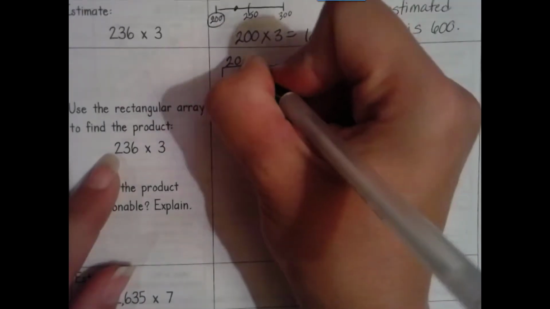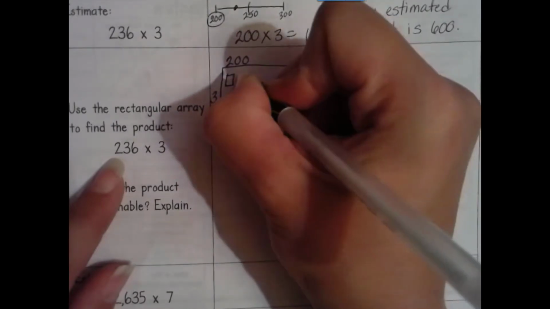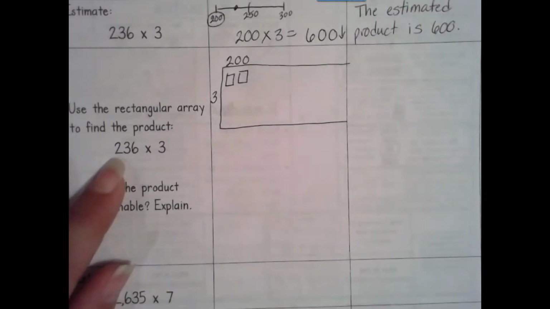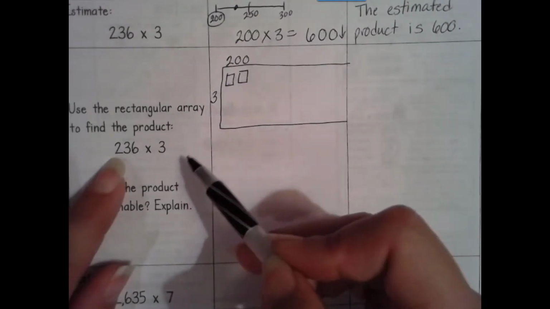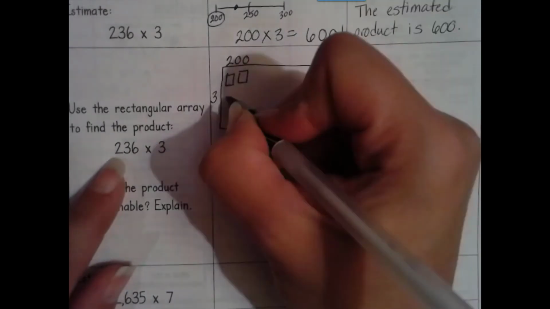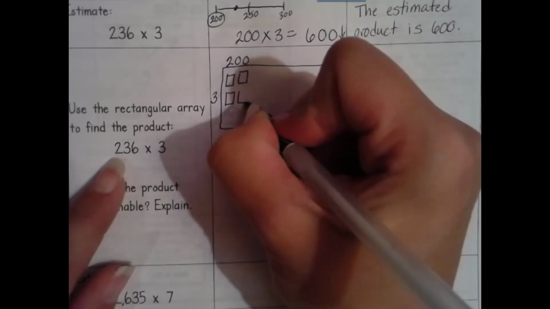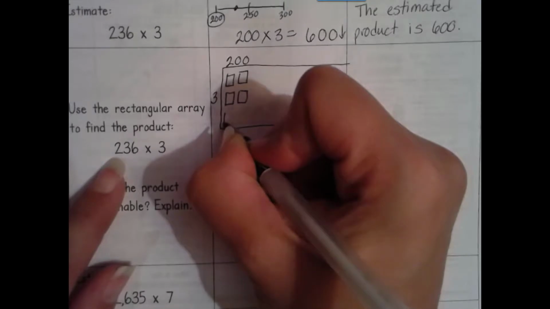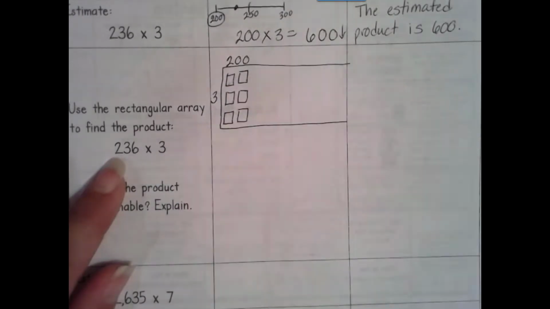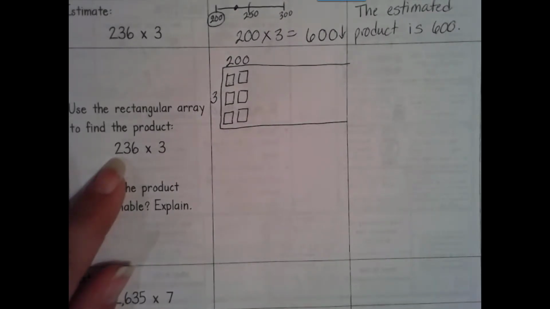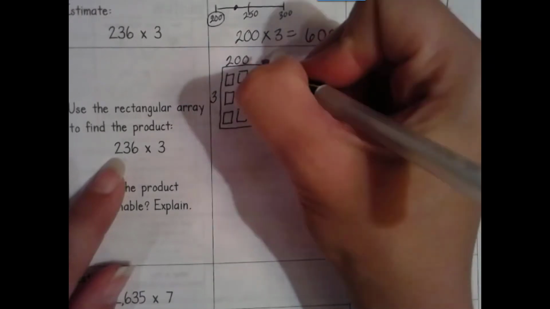So for 200, I'm going to draw 2 squares to represent the 200s, the 2 flats. So that's one group. Two groups. Three groups. So here's our 3 groups of 200.